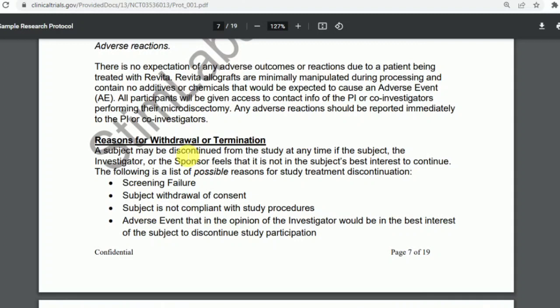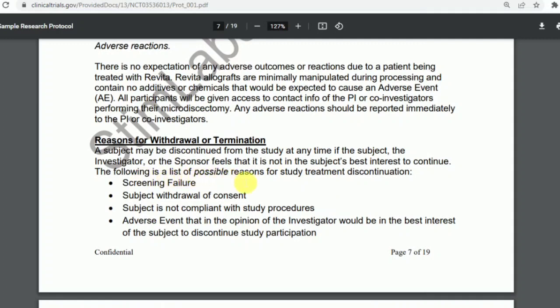He's staying in some other place, wants to stay with his relative, so he is going to Mumbai. So it is not possible for the subject to continue the trial by coming to Delhi every month and participate in the trial, and in the next day or in that evening he will go to his hometown or native place. So it is not possible for the subject. So in this case, the subject can withdraw from that clinical trial.